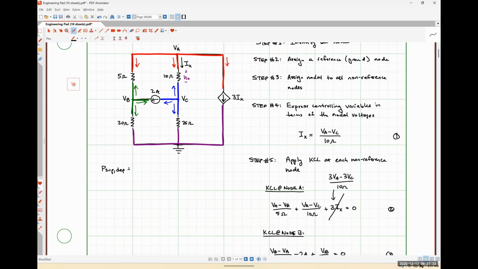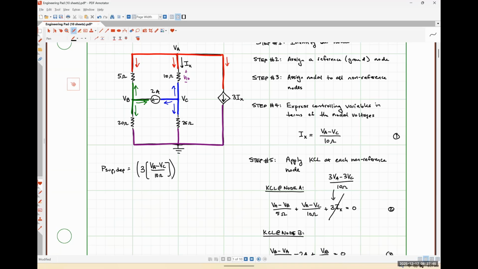What is the Ix equation? Okay, so we know that there's 3Ix of current in our system. Okay, so we're going to have 3 times VA minus VC over 10 ohms.